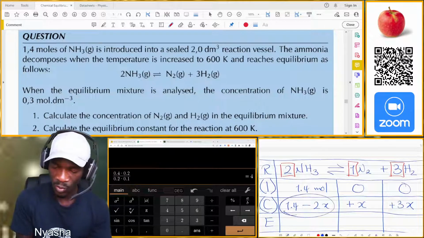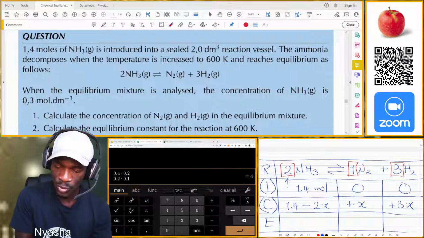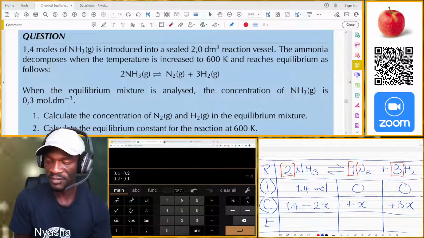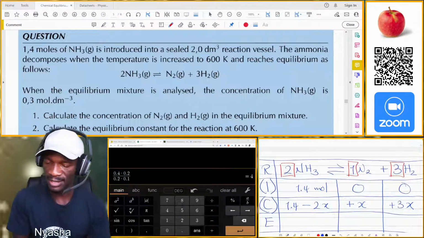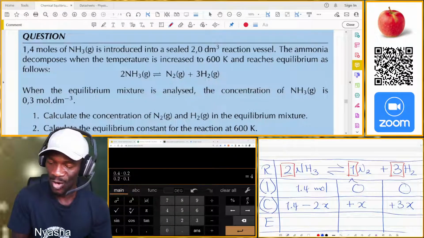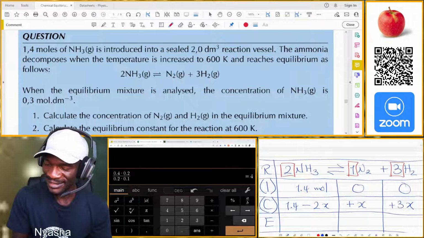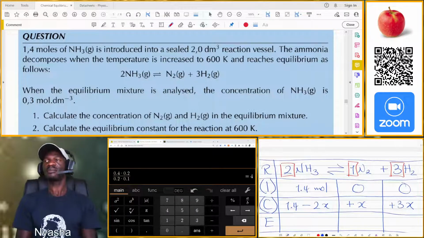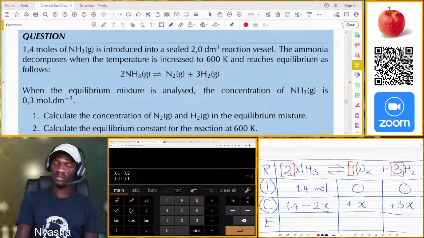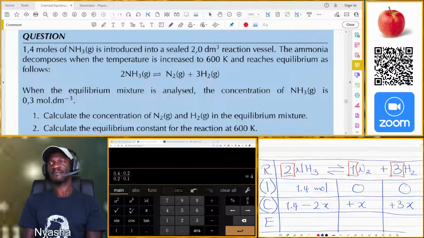So it's 1.4 minus 2 times some coefficient x, which we will calculate. This will lead to a gain of just 1 of those moles, and this will lead to a gain of 3 of those moles. So we will now need to find the value of x.